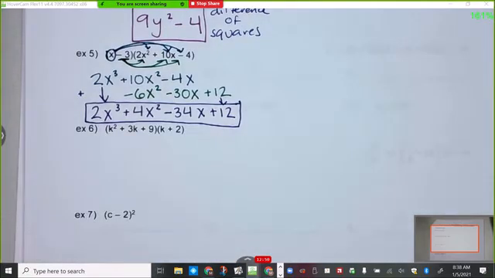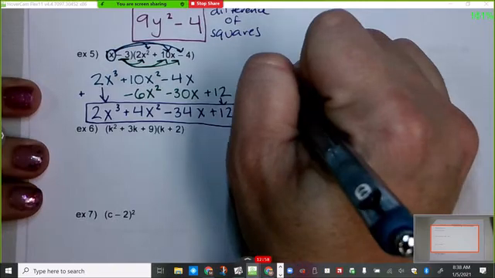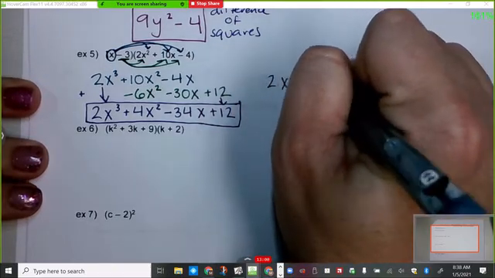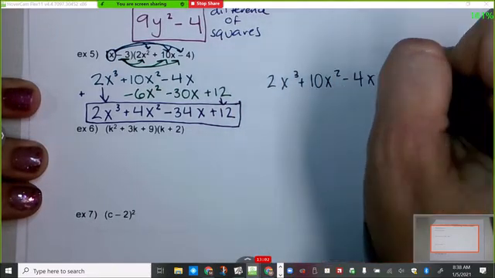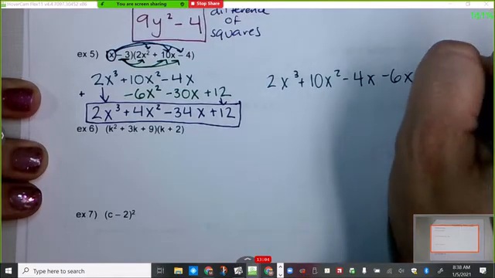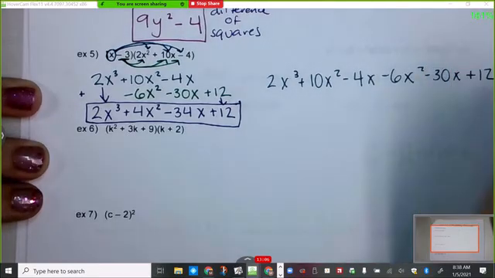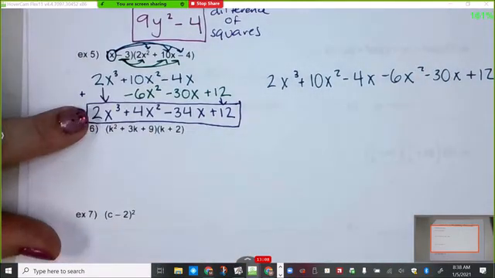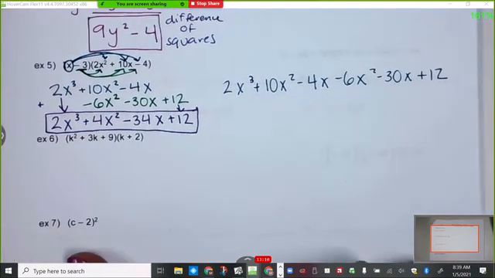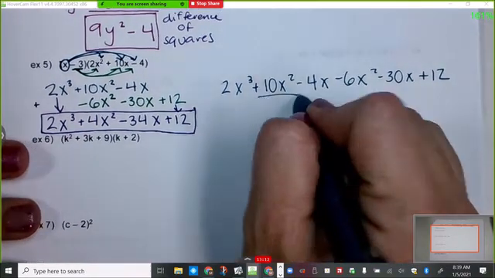Do you see what I mean, as it organizes it a little better when you just line it up vertically? Okay, would it have been any different if I would have just written 2x cubed plus 10x squared minus 4x minus 6x squared minus 30x plus 12? Is that any different than what I just did here? No, because over here we would have combined the 10x squared and the negative 6x squared.